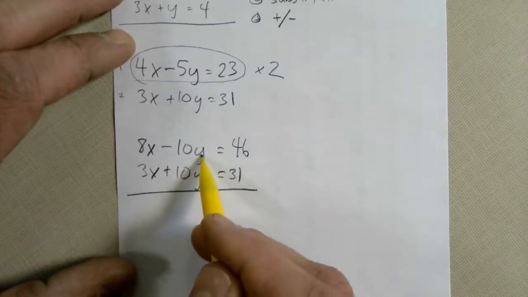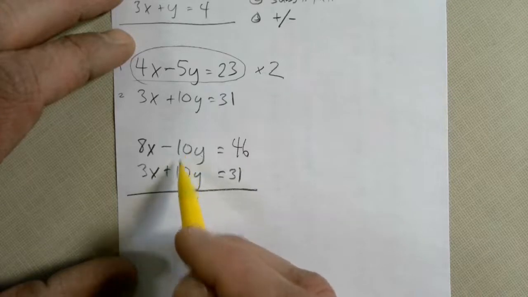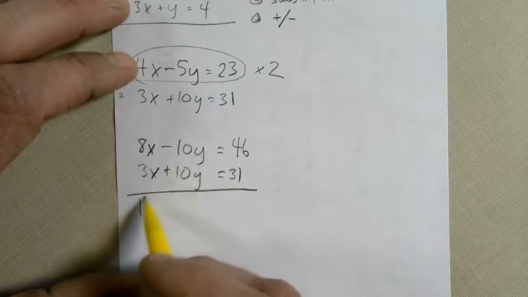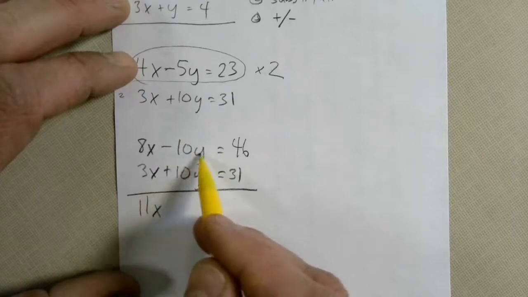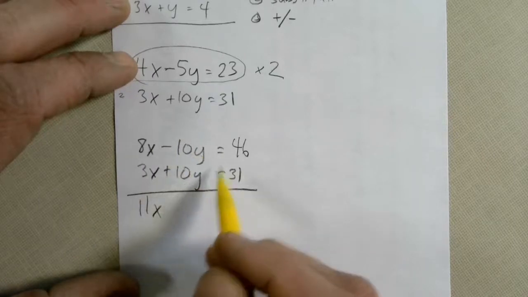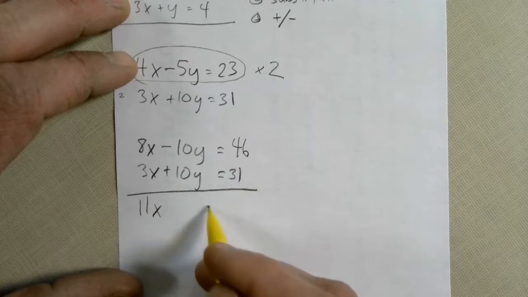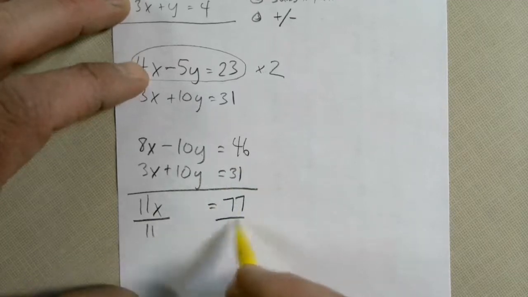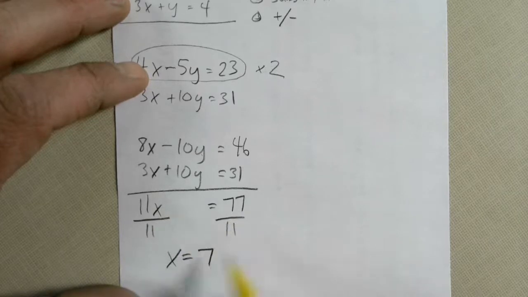Now, it's like what we've dealt with before. The y coefficients are opposites, so we can add them. 8x plus 3x is 11x. Negative 10y plus 10y is gone. 46 plus 31 is 77. Solve for x. We have x equals 7.